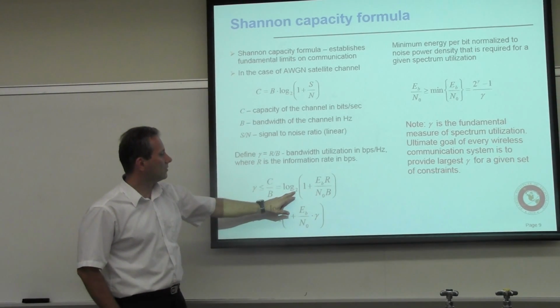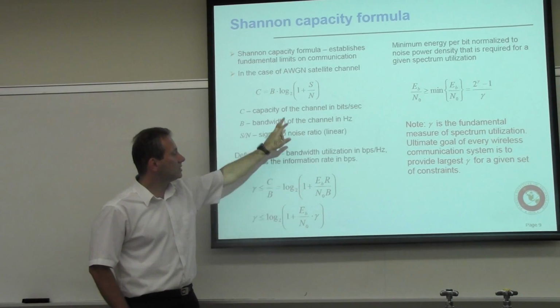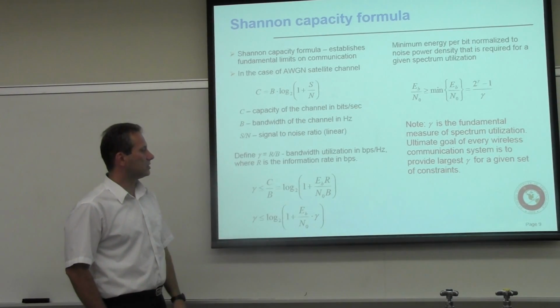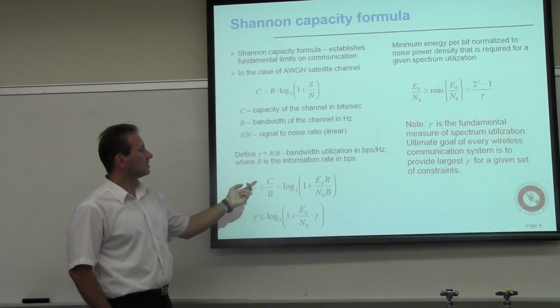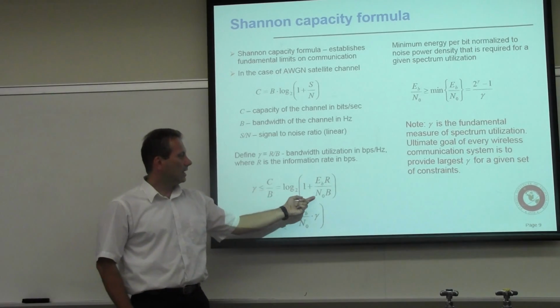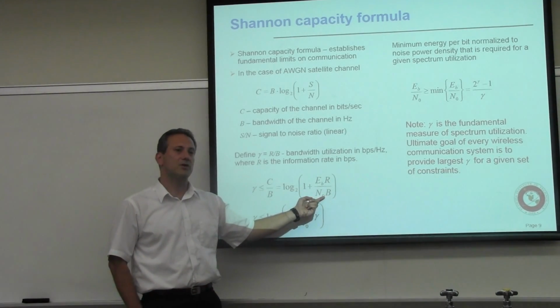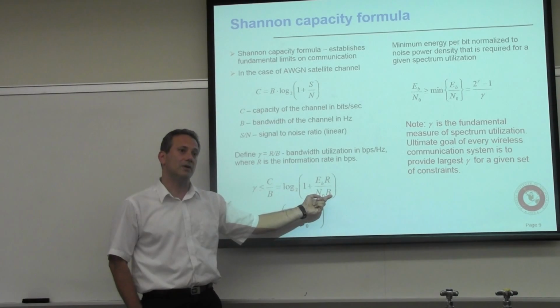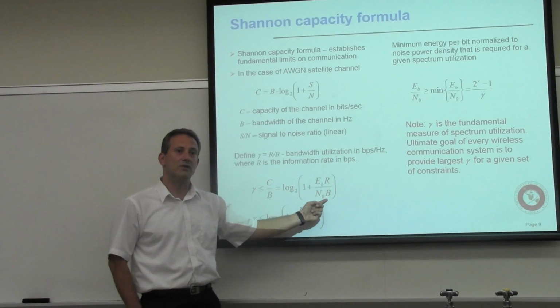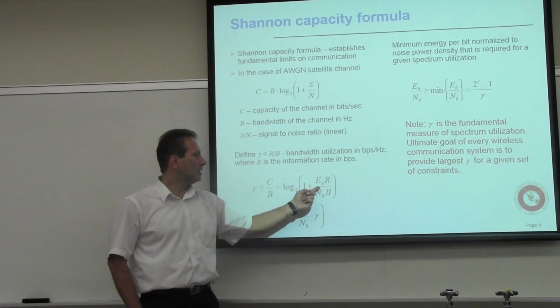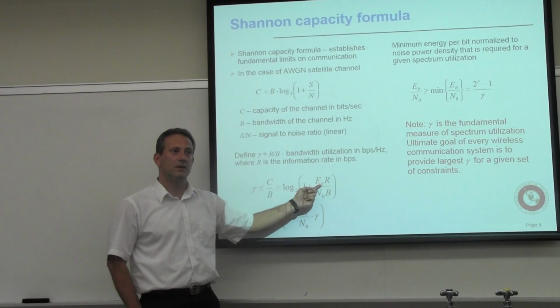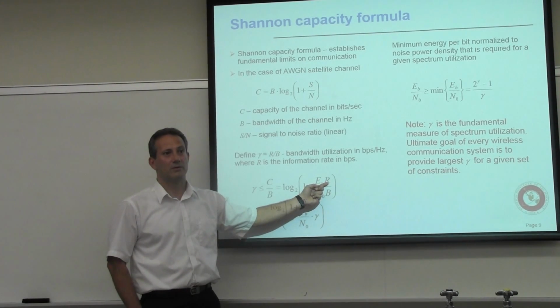On the right-hand side, you have log 2, and then the signal-to-noise ratio for digital systems can be expressed in slightly different terms. N0 times B is the power of the noise. N0 is the power spectral density, B is the bandwidth, right? So the product of those two gives you the power of the noise. EB is the energy per bit, but times the bits per second of your data rate, it gives you the power, right?